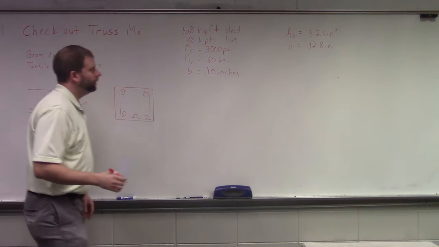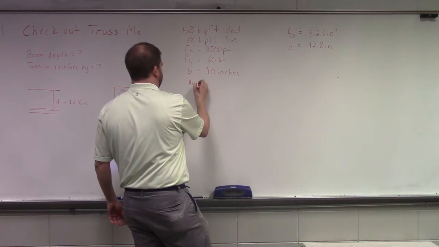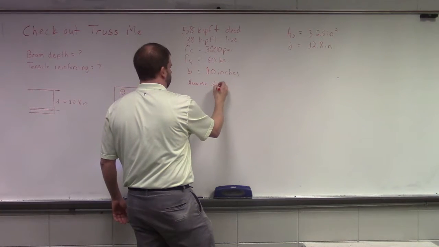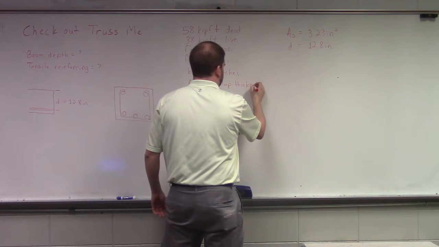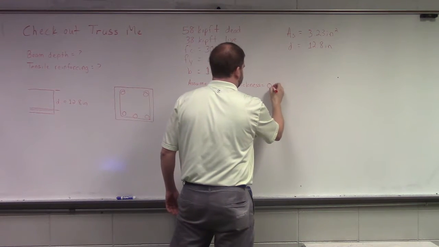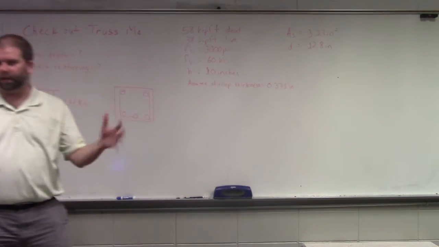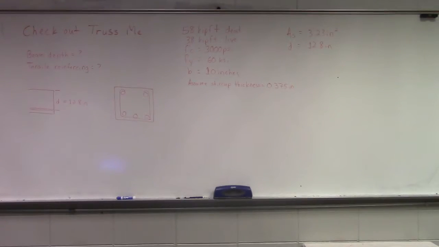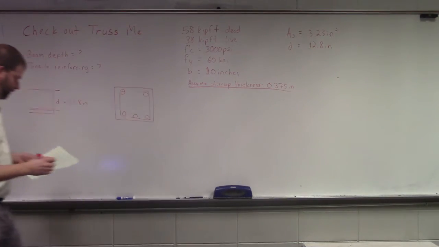No. Okay, so we will assume our stirrup thickness will always be 3/8 of an inch, so 0.375 inches, just to make our calculations easier. In the real world, we'll sometimes use different thicknesses depending on what type of reinforcing we're putting in, but for the purposes of our class, this is all we're going to use.